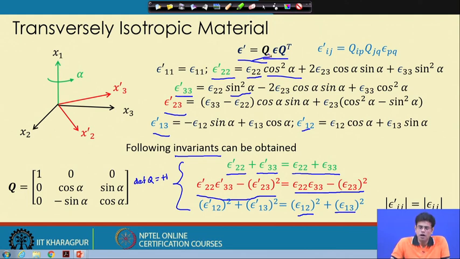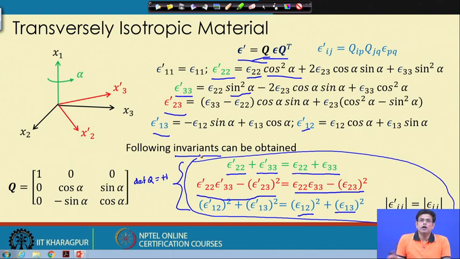So determinant of Q epsilon Q transpose is determinant Q, determinant epsilon, determinant Q transpose, and the determinant of Q transpose is also plus 1. So the determinant of epsilon prime equals the determinant of epsilon. So this is also an invariant quantity. The basic idea is that if I give an alpha rotation, these quantities don't change even if I rotate the axis.